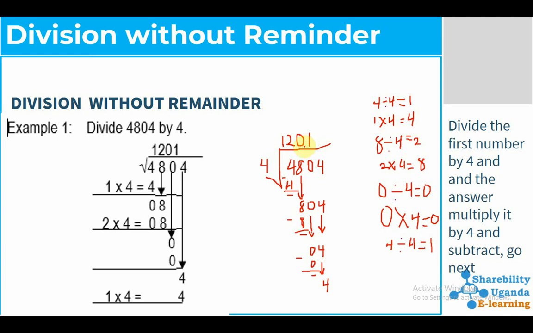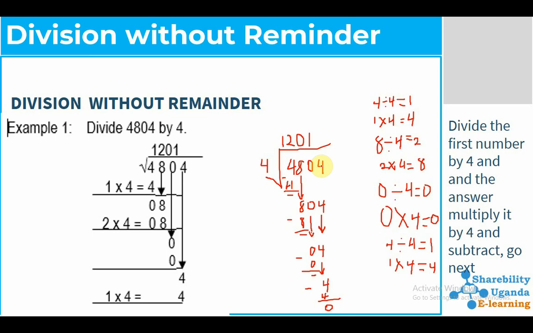And we say 1 times 4. 1 times 4. Okay, we shall be able to get what? A 4. So here when you say a 4, also subtract, shall be able to get a what? A 0. That means the whole of our number here is what?